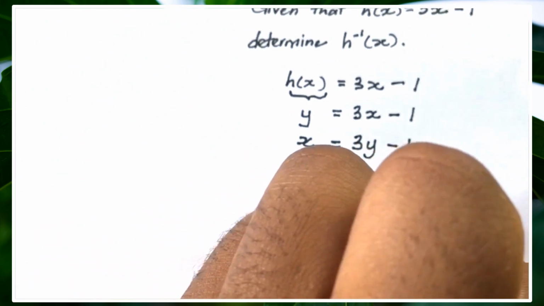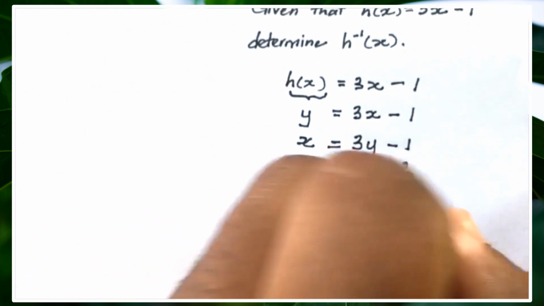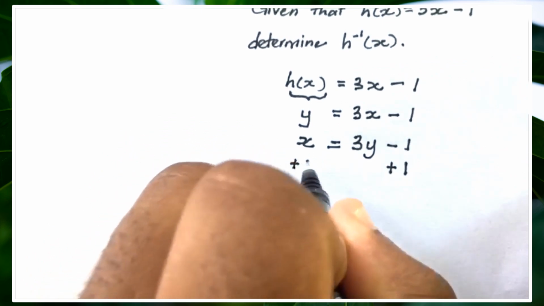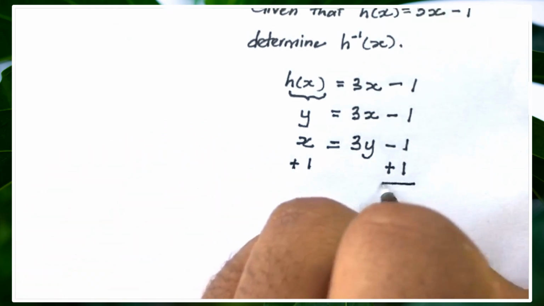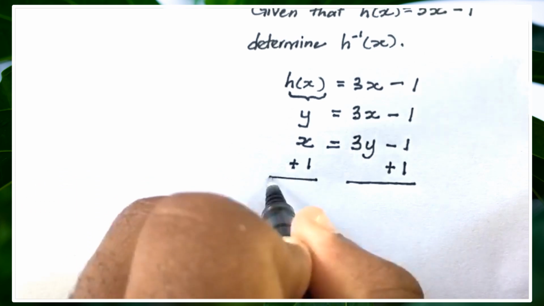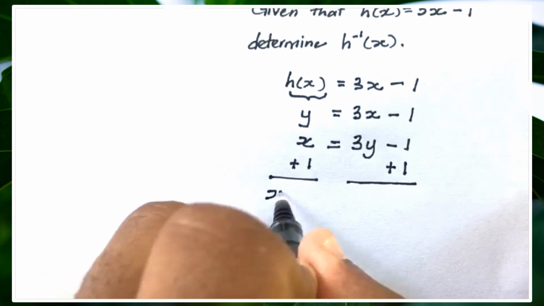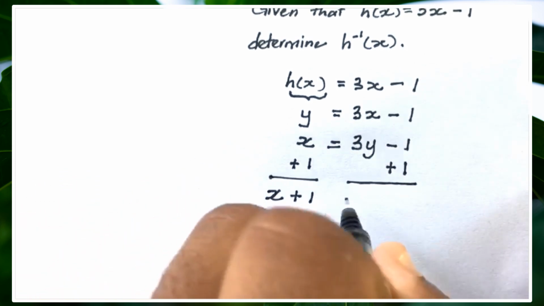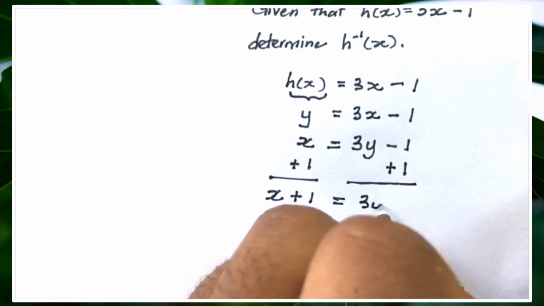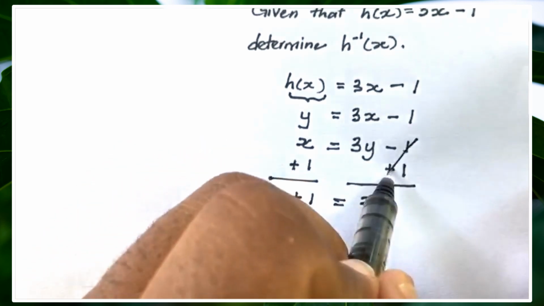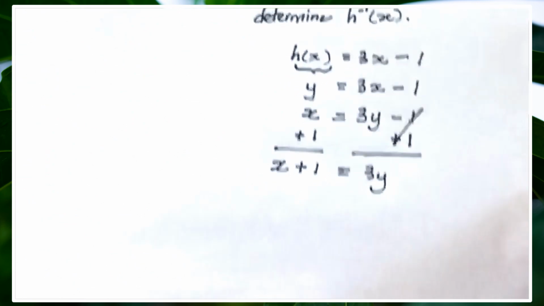So we're going to do the opposite of minus 1, which is adding 1. And remember, this is where we are trying to retrace our steps by doing the opposite. So this now becomes x plus 1 is equal to 3y, because negative 1 is cancelled by a positive 1.